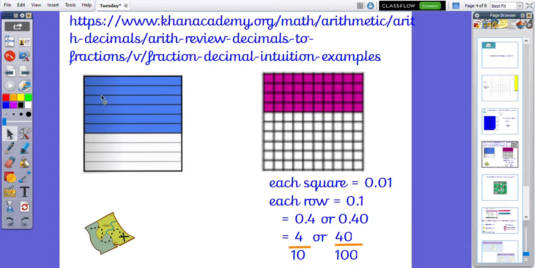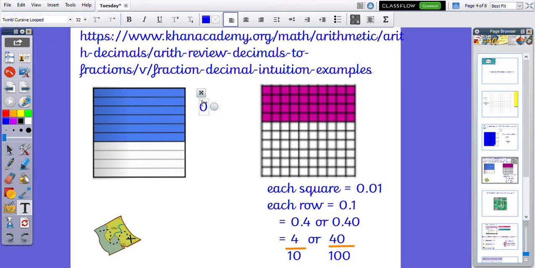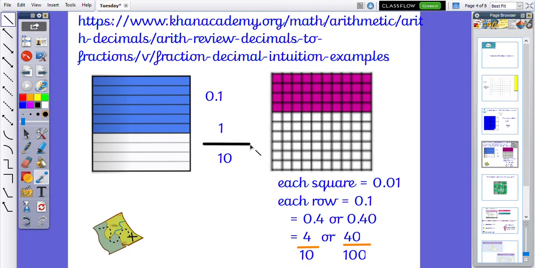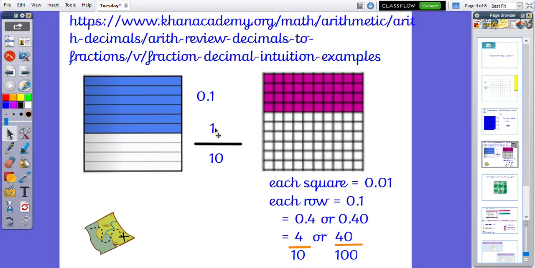Okay, so on the video he was saying that he had his 1 split into 10. So he had tenths. So he had 0.1 or 1/10. Okay? So we can use this to help us work out our fractions in our 100 square.